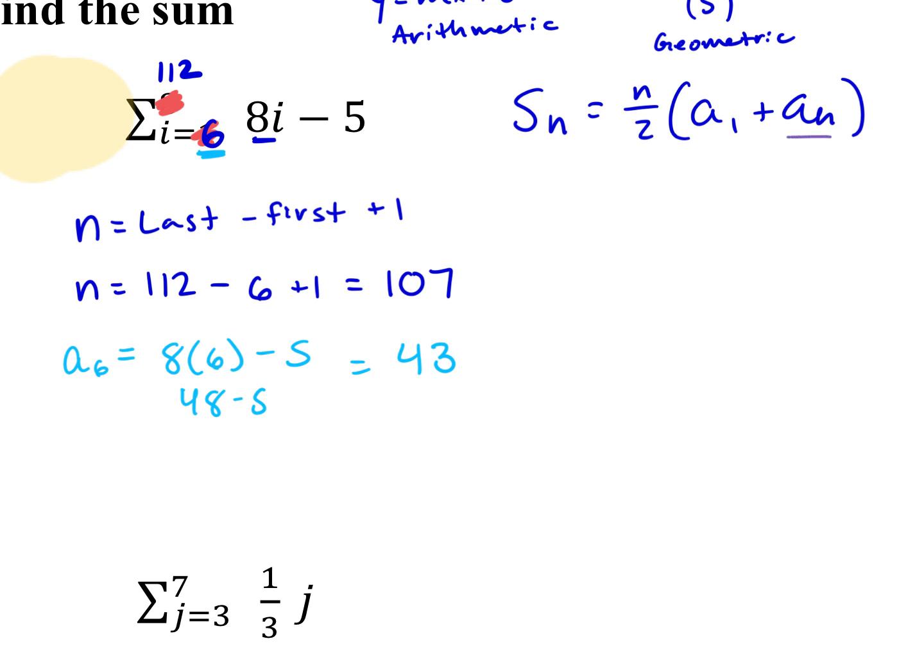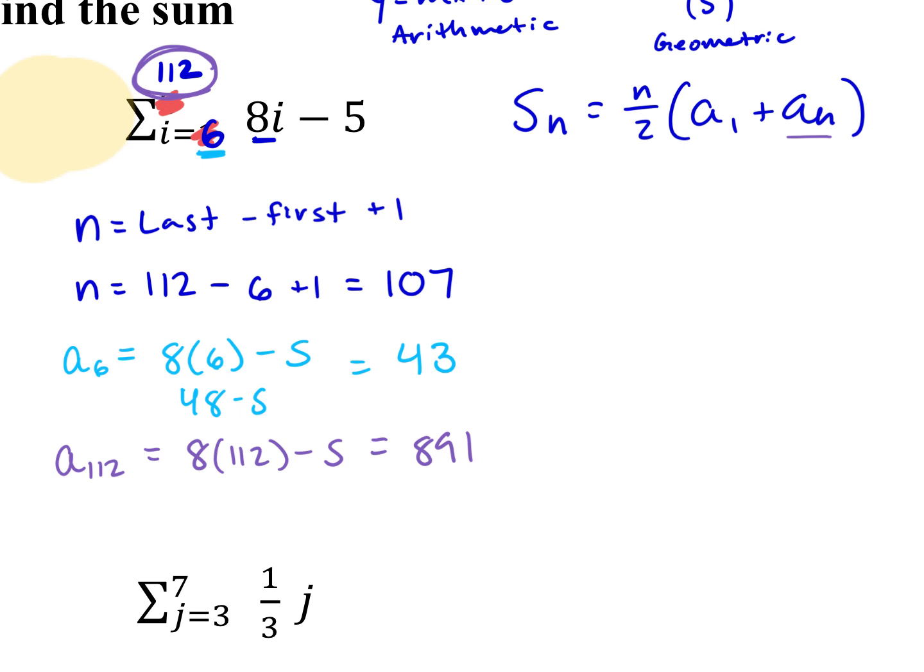And then a sub n, what would I do to find a sub n? We plug in 112, because that's the last number. So 8 times 112 minus 5. This would be 891.